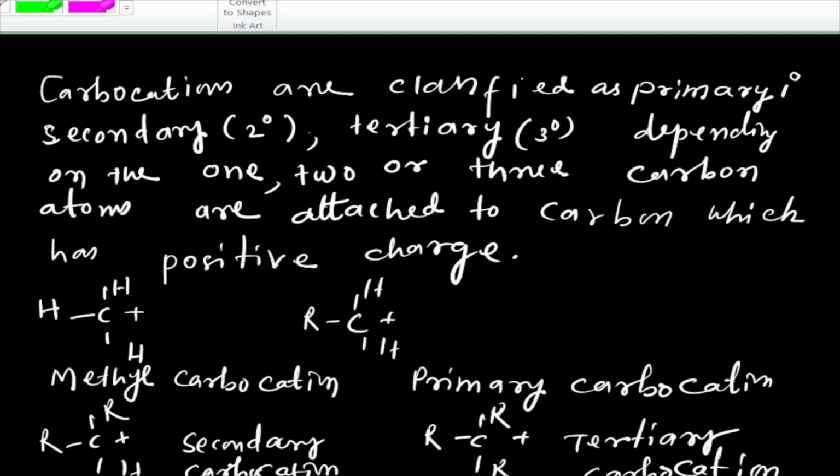Next is secondary: two R are present, and one H. That means one hydrogen is attached to the carbon containing positive charge, secondary carbocation. And this is a tertiary carbocation because there is no hydrogen. One hydrogen is secondary, two hydrogens primary, and methyl carbocation also acts as primary.